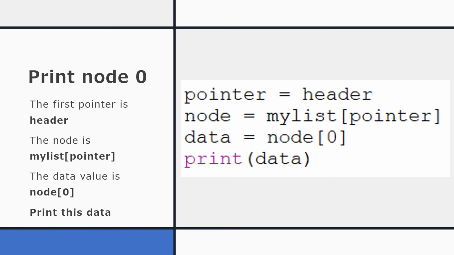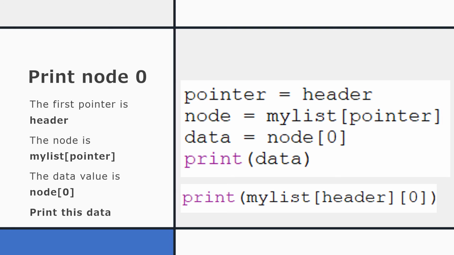You can do this in fewer than 4 lines. So you could write it like this: mylist square brackets header square brackets 0. But as you know, I prefer to set things out on several lines because it makes it clearer and easier to read.